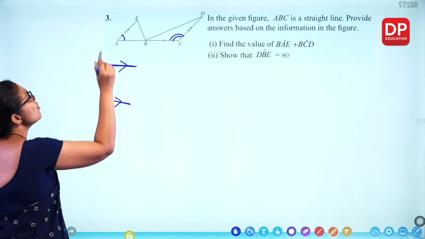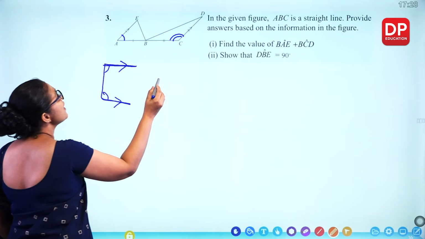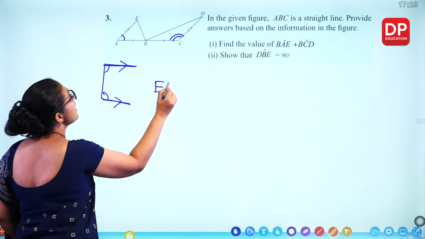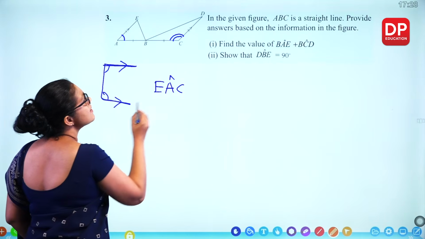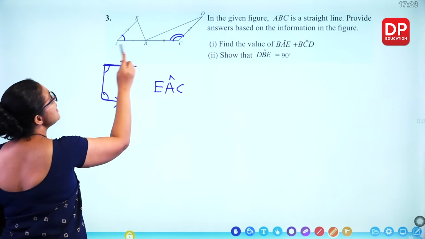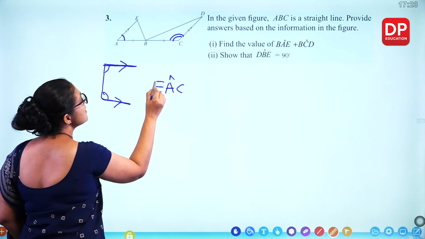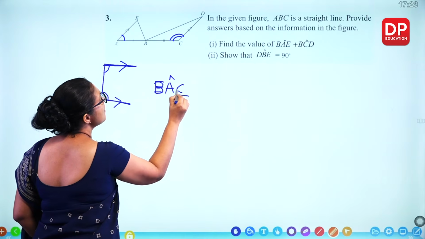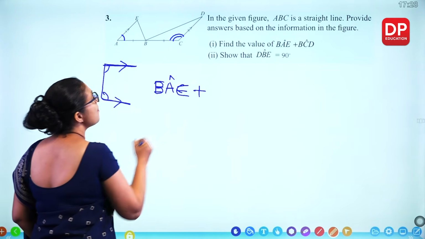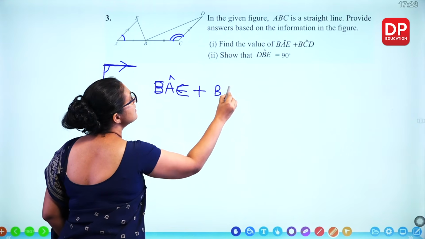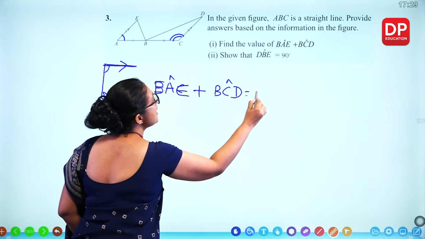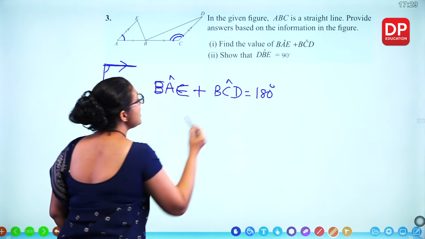So we can use that property. So instead of this I can write angle BAE plus angle BCD should be equal to 180.